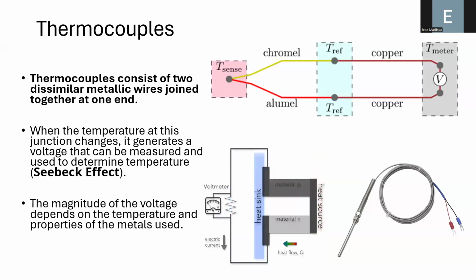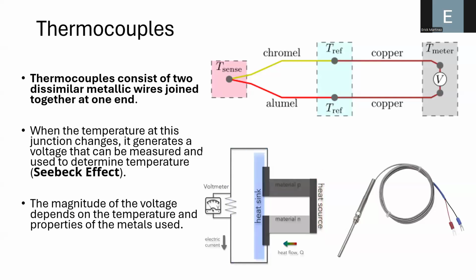When you apply heat to this junction, you induce a voltage on the other side. This effect, when you place two metallic objects in a junction and then apply heat, is called the Seebeck effect. This animation illustrates what is happening in the Seebeck effect.